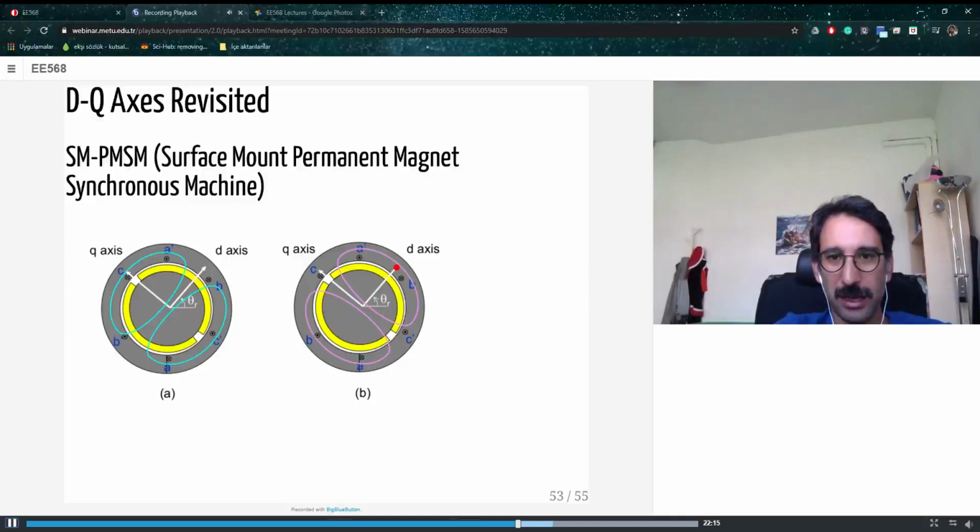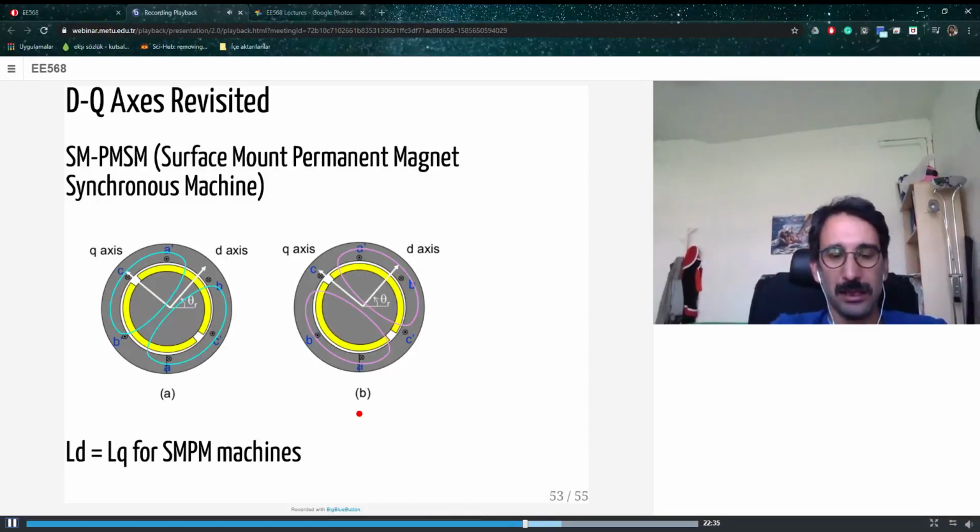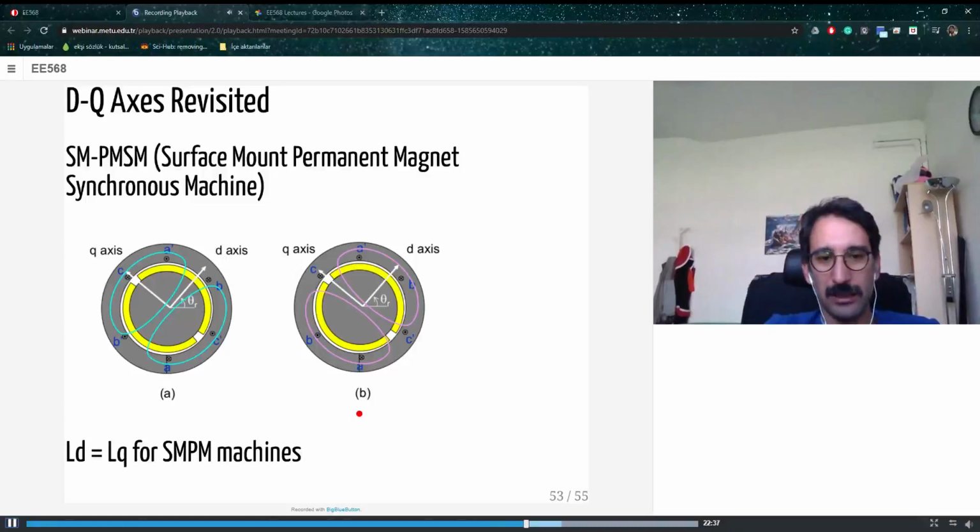For flux it doesn't make any difference to go in that direction or in that direction. So I'm ignoring the 1.05 relative permeability of permanent magnets. You can assume relative permeability of 1. Then you have LD equal to LQ for surface mount permanent magnet machines. What is the implication of that?